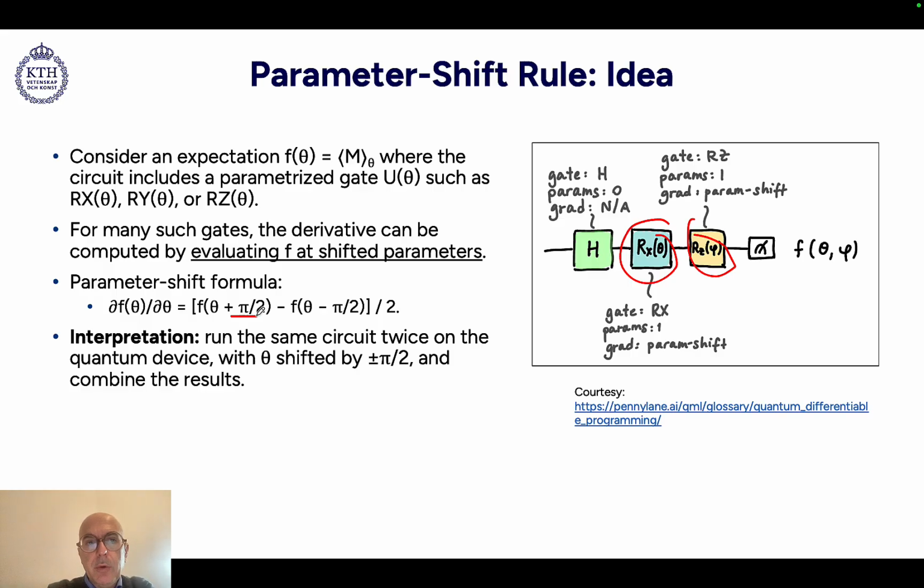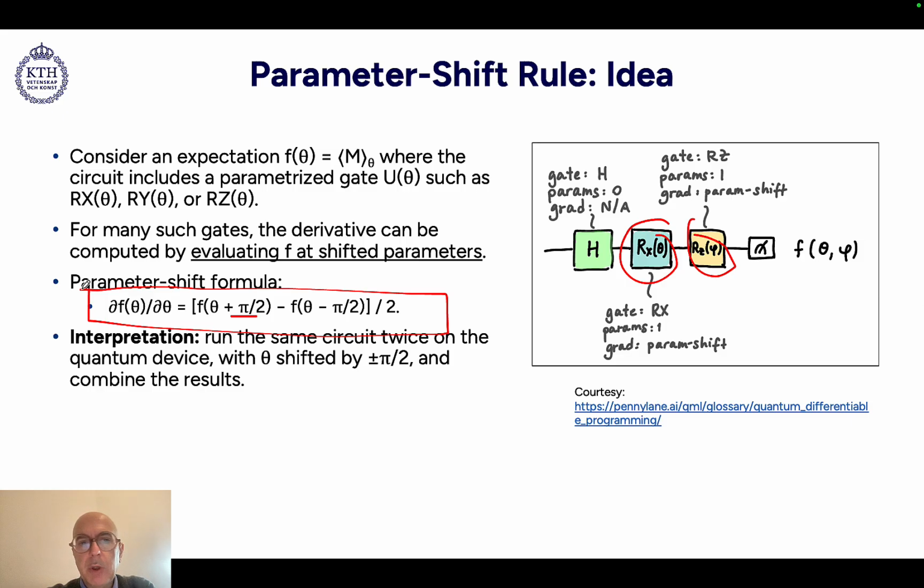So in order to calculate the derivative, we know the analytical function that is shifted, so we can use the original function on the quantum hardware, and then calculate the derivative. Here, for instance, is the formula for the parameter shift rule. What is the interpretation?